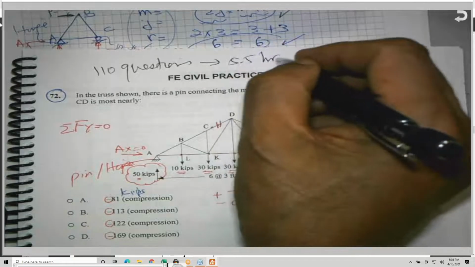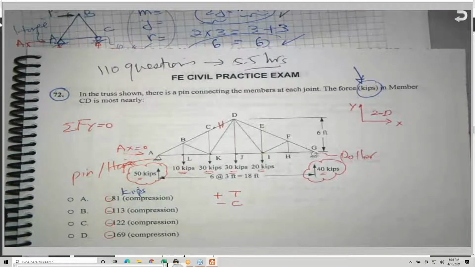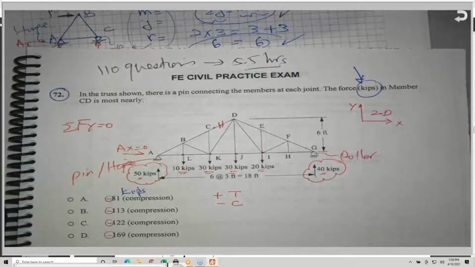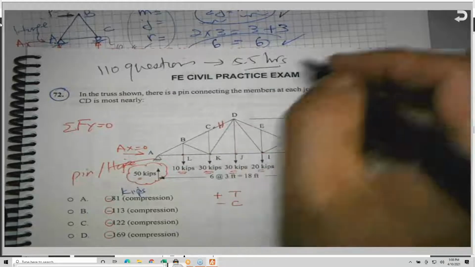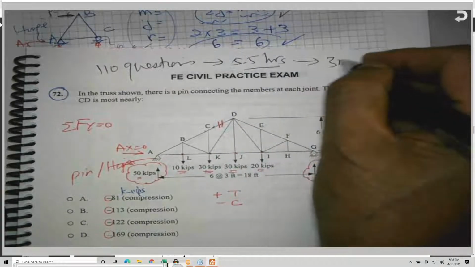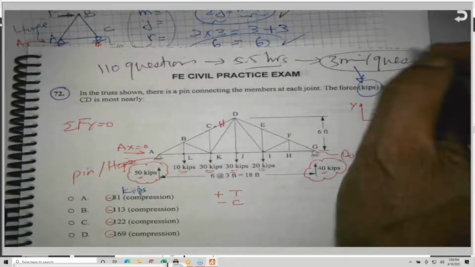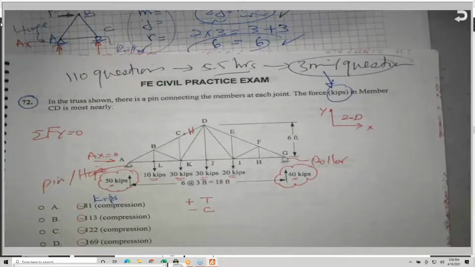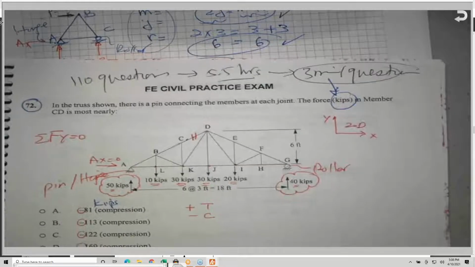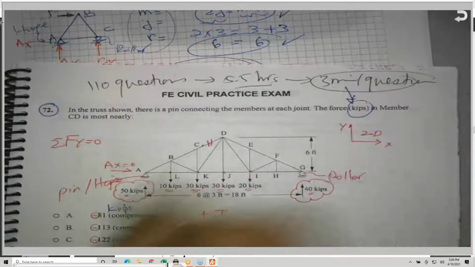You have 5.5 hours. 330 minutes over 110, so you have about 3 minutes per question. The PE candidates are happy because they have 6 minutes. But you have only 3 minutes.